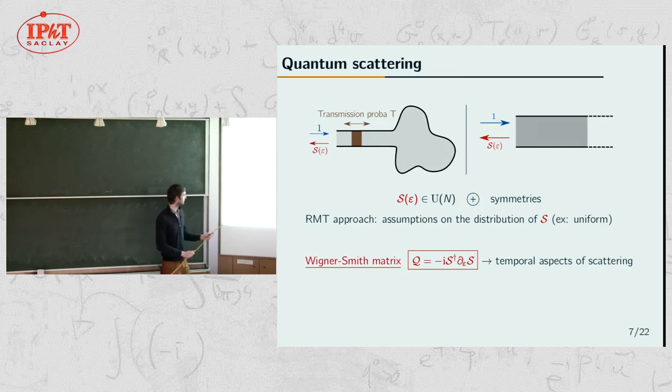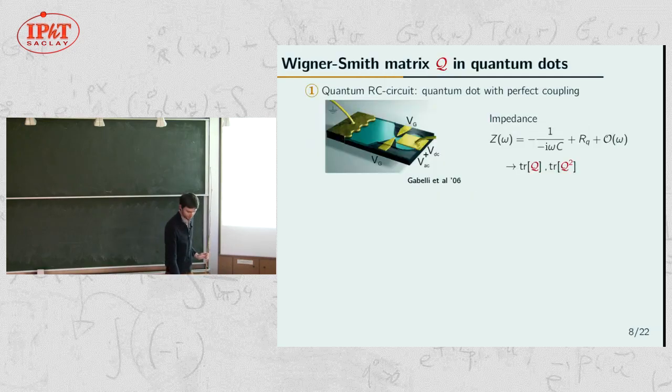And this matrix is very important when you want to study dynamical properties of this kind of system. So the epsilon is the energy of the wave that you send inside. All right, so let me mention a few things I have done about this matrix.